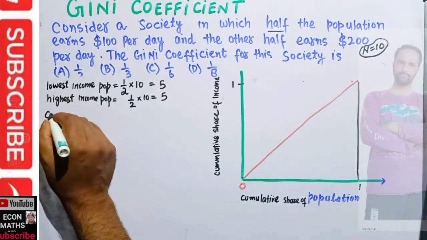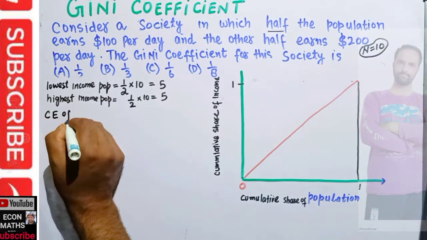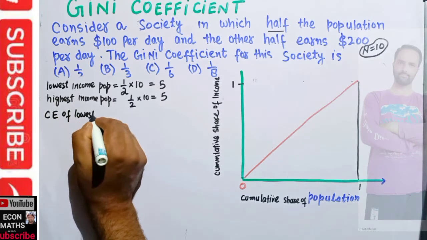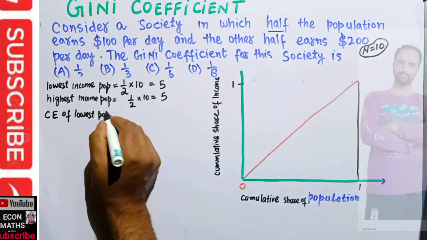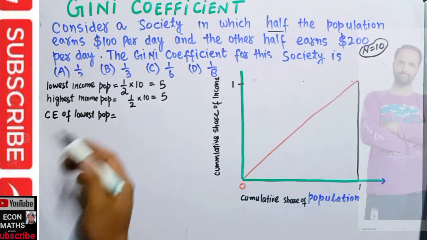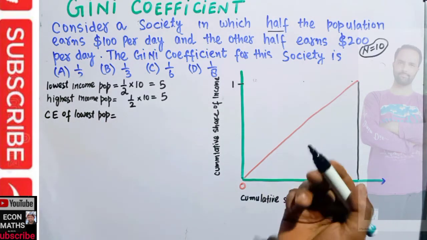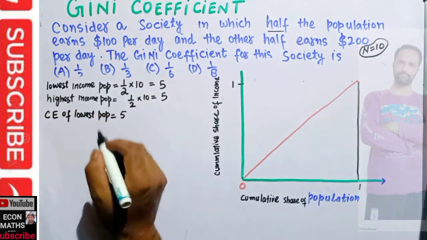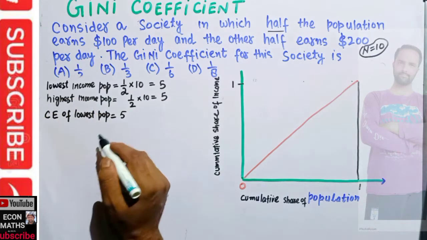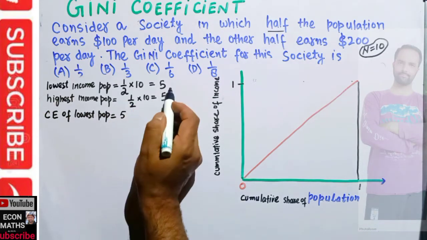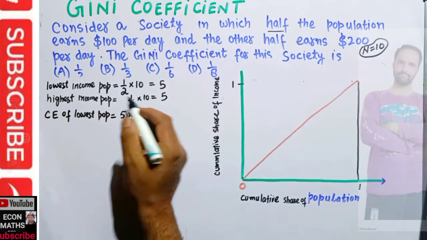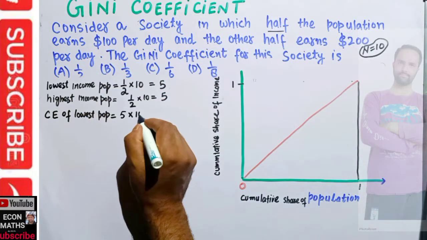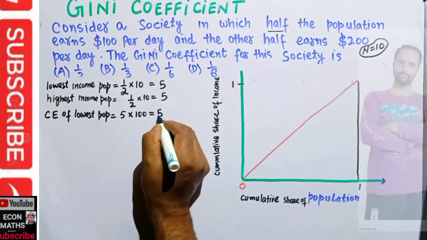Next, we need to find out the cumulative earnings of the lowest population. Cumulative earnings of the lowest population is simply the number of persons in the lowest income group, that is 5, times the earnings they make, that is $100, that is 500.